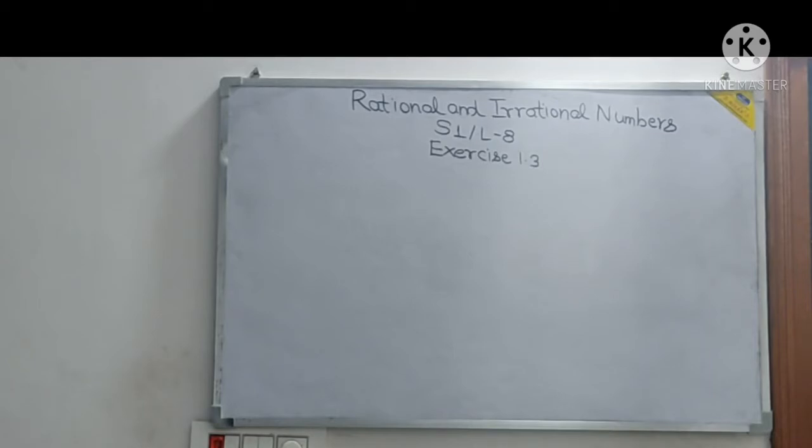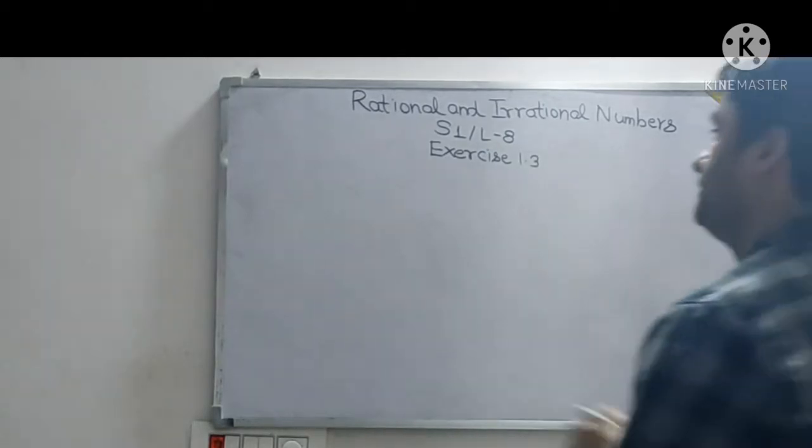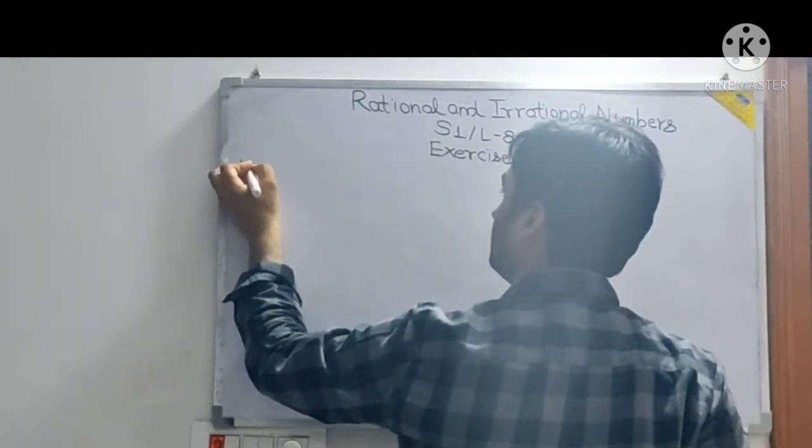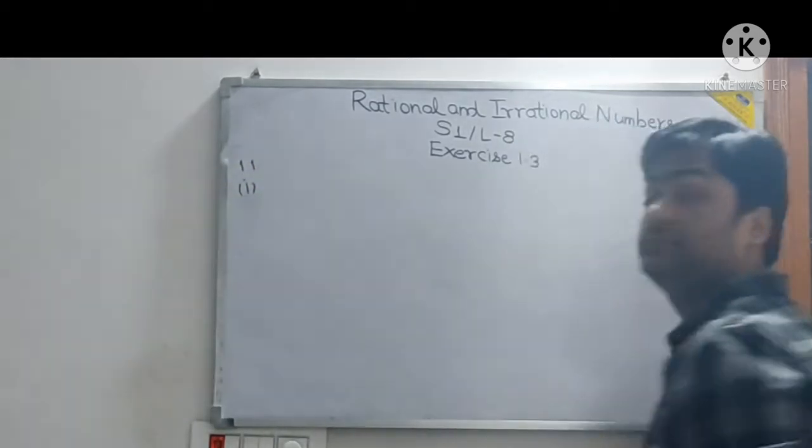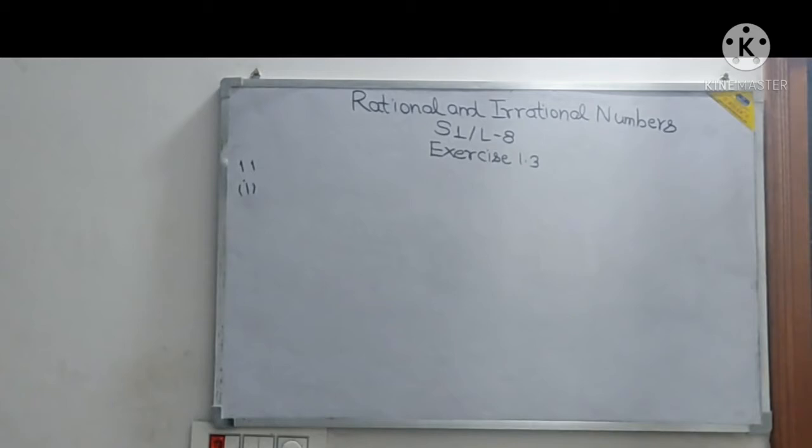See, I have told you about inserting rational numbers. Now it is over to question number 11, first part. See what the 11th first part is saying. Insert an irrational number between 1 by 3 and 1 by 2.